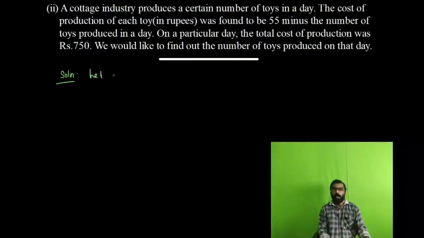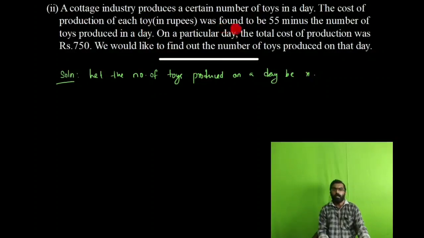So we can write: let the number of toys produced on a day be x. And here it is given that the cost of production of each toy was found to be 55 minus the number of toys produced in a day.